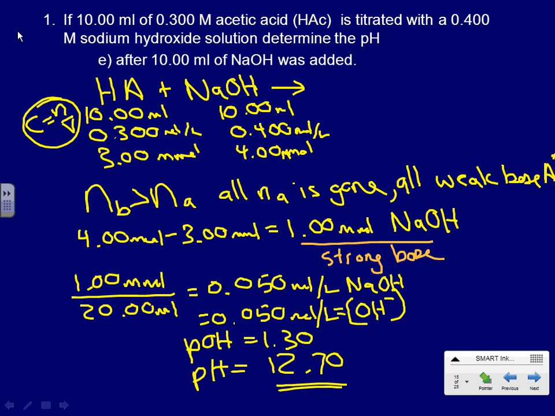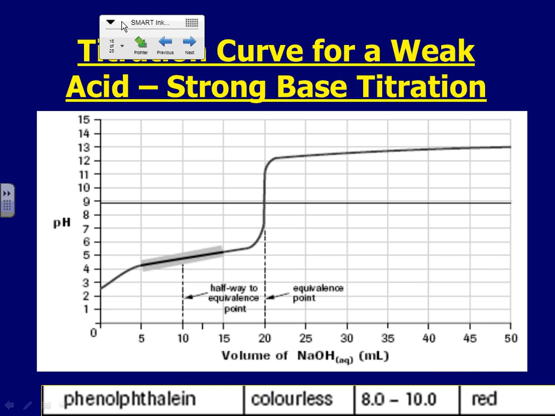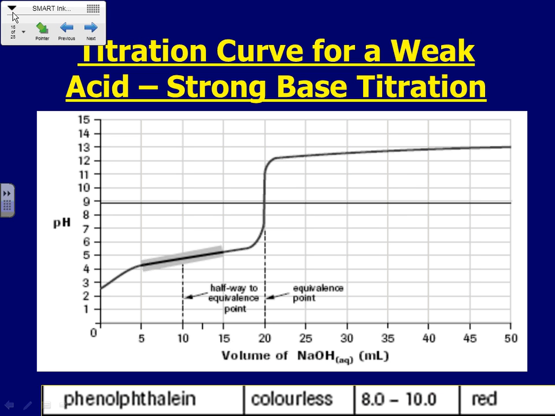One last thing I want to talk about here. Let's now bring this into the titration curve situation. When we first started to do our calculation, we started off with a low pH, right? We started off down there with a low pH because it was all weak acid. And then we had this area in the middle here, which was actually made up of some weak acid and a little bit of the weak conjugate base.